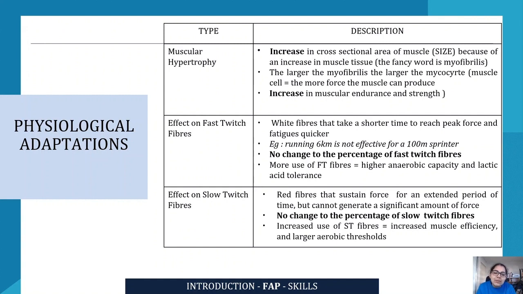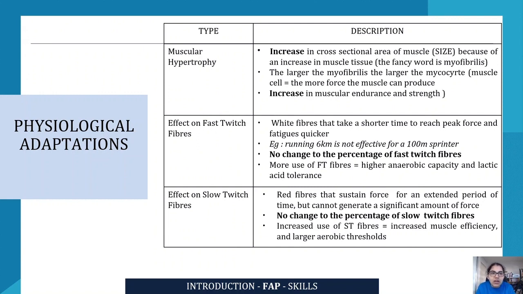So white muscle fibers take a shorter time to reach peak force and they fatigue faster. So someone who is, for example, a 100-meter sprint runner would have a high proportion of fast twitch muscles in comparison to red, slow twitch muscles. There's no change to the percentage of fast twitch muscles.